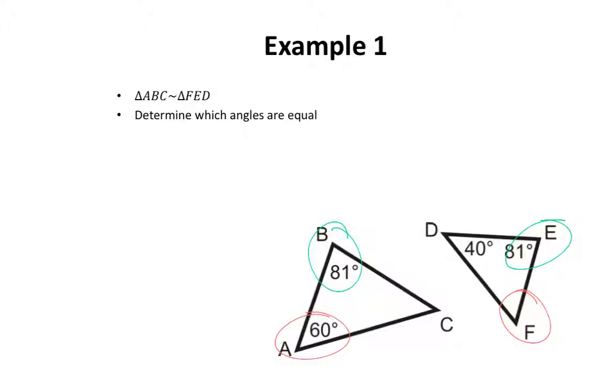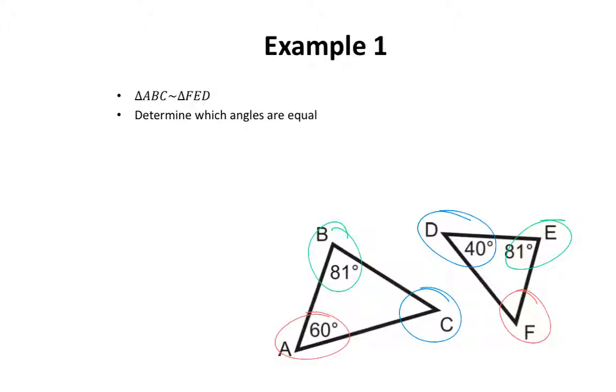And last but not least, we have angle D, which is 40 degrees. And if you take a look at the triangle on the left, you'll see no angle of 40 degrees. But if I had to guess, that would likely be the same angle. Therefore, I'm going to go ahead and determine which angles are equal.